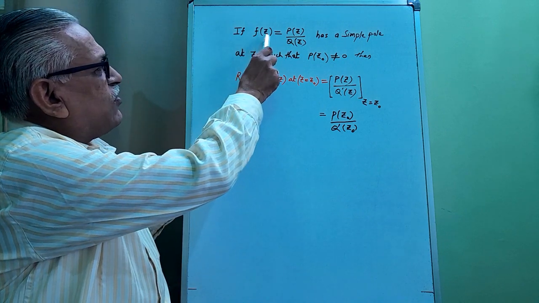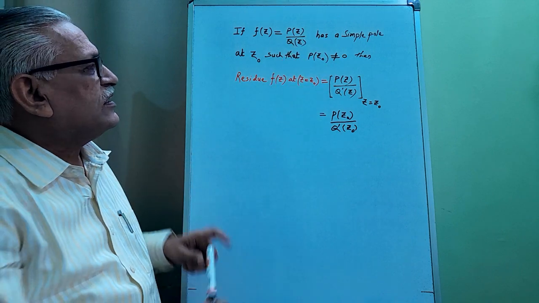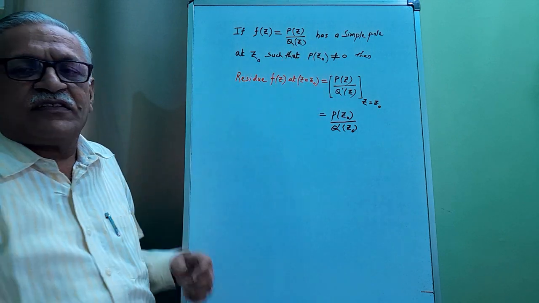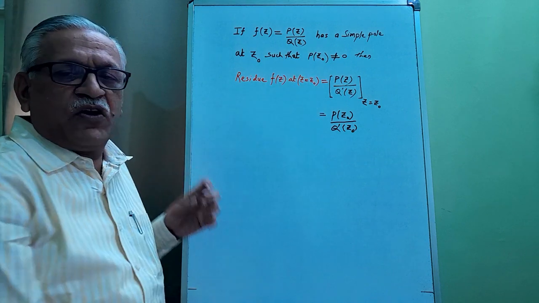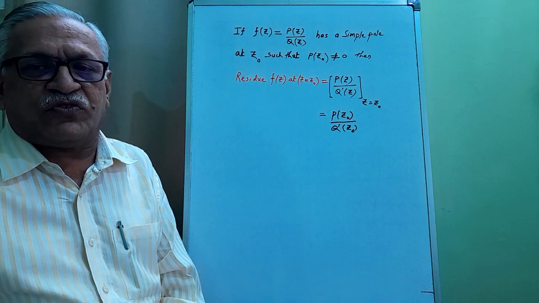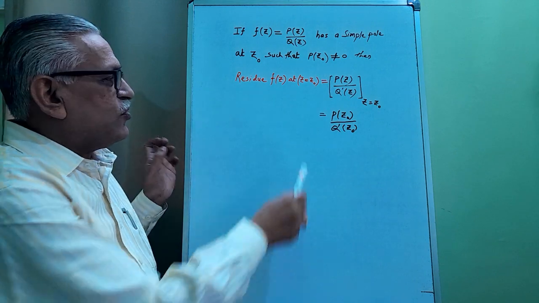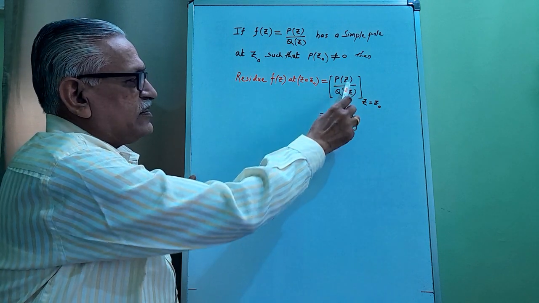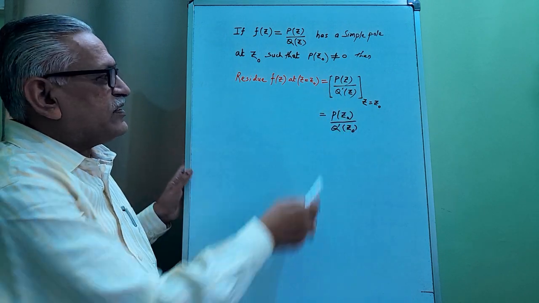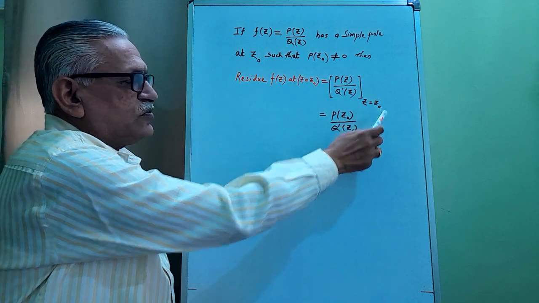If f of z is equal to p of z divided by q of z has a simple pole at point z is equal to z0 such that p of z0 is not equal to 0, then the residue of that function f of z at the point z is equal to z0 is equal to p of z divided by q dash of z, the differentiation of q with respect to z, at point z is equal to z0.